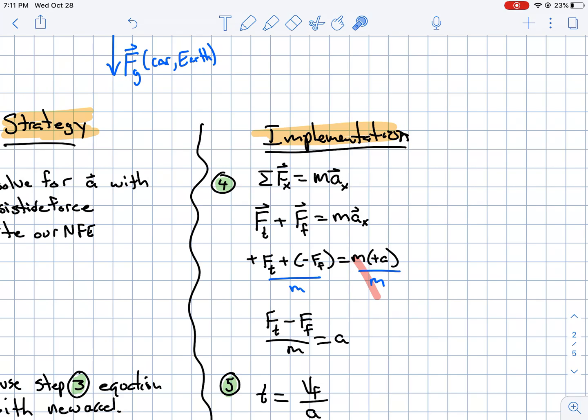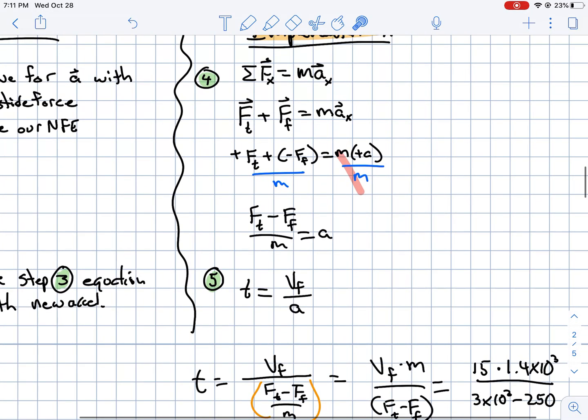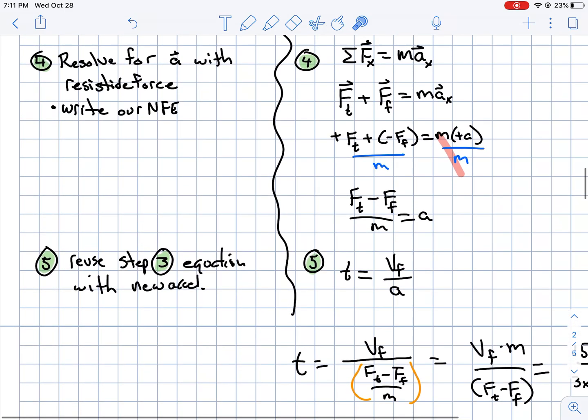Solving for acceleration, I'm going to divide by the m, and I end up with the tension minus the force of friction, and that's all divided by mass. Now, instead of putting my numbers in here, because I didn't need to actually calculate acceleration, I certainly could, but I'm not going to. I'm just going to let it go as is. What I'm next going to do is reuse step 3 from before, and substitute in my new equation.